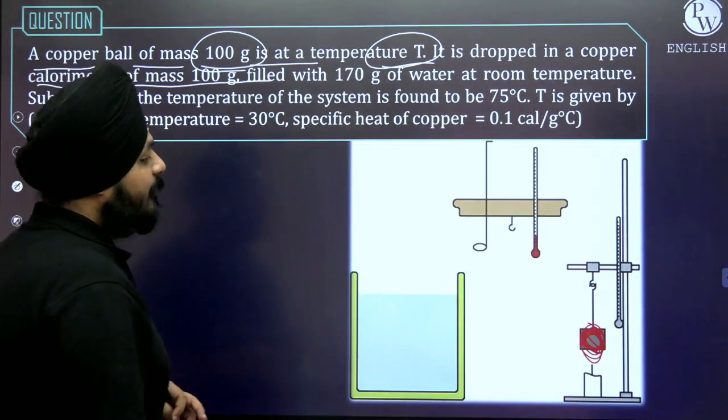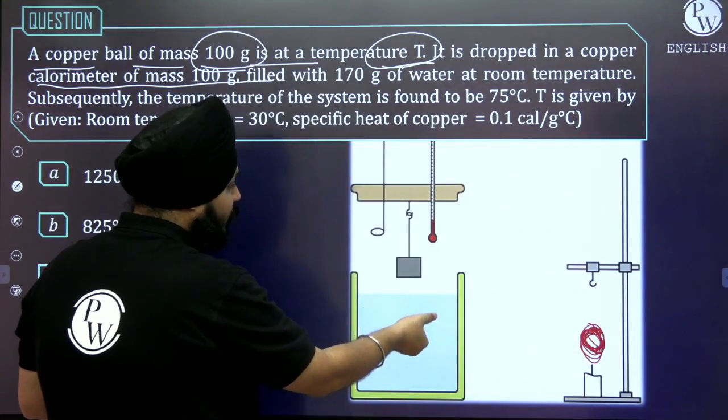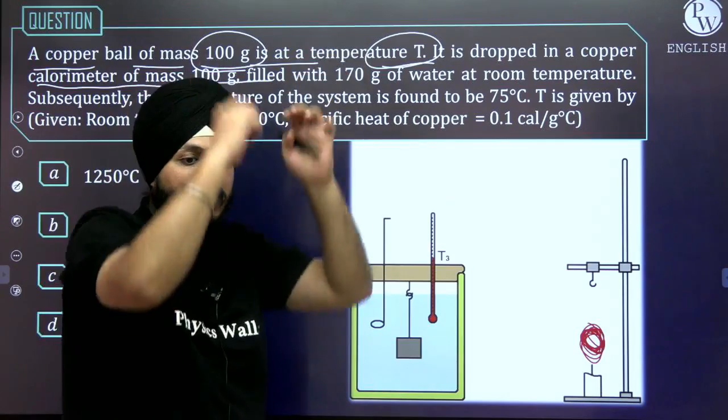Now, how is this taken? First of all, it is heated to temperature T. Now it is kept into the copper calorimeter that contains water. This is the visual relevant to the question given in front.